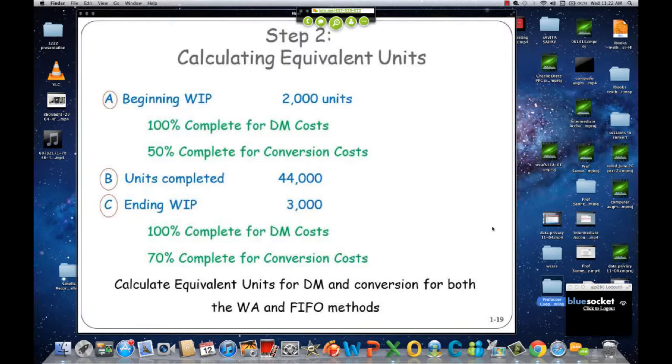So we started and completed 42,000 units, right? Because we completed a total of 44,000. 2,000 of those were from last period and 42 that we started and completed this period. And so then we started and did not complete 3,000.